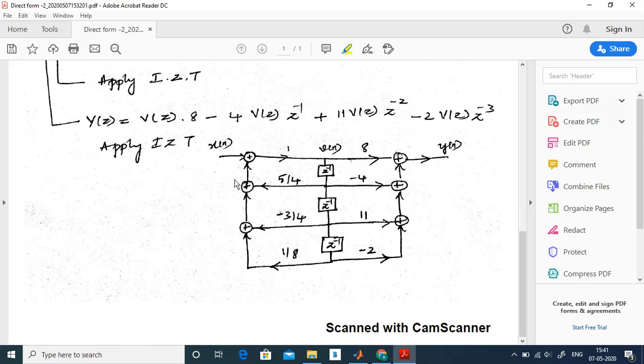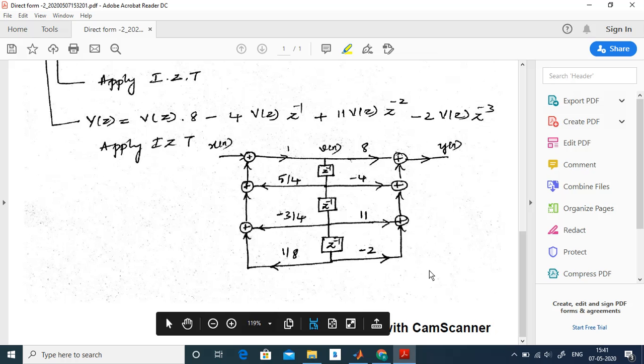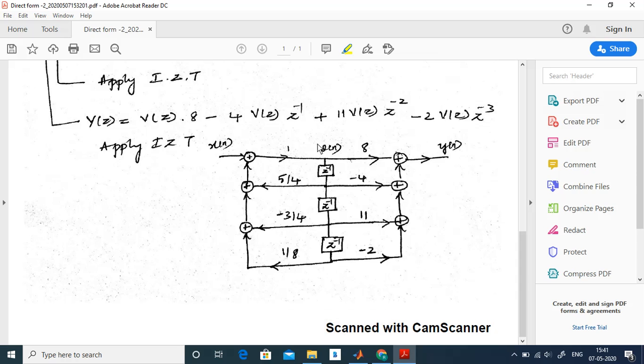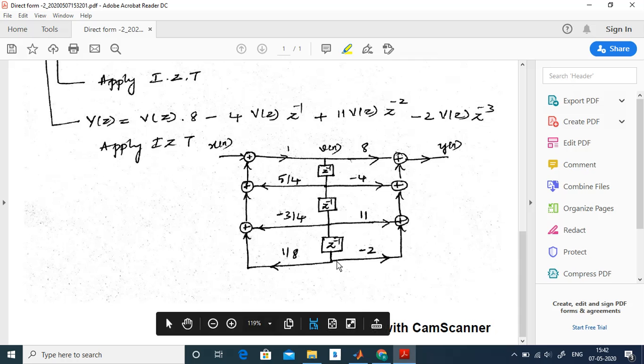Now we're going to realize this, or we'll write a code for this. So here I'll consider this variable, instead of v of n, I'll consider it as temp. Here I'll consider it as v1, here v2, and here v3. Based on this, we'll write a code.